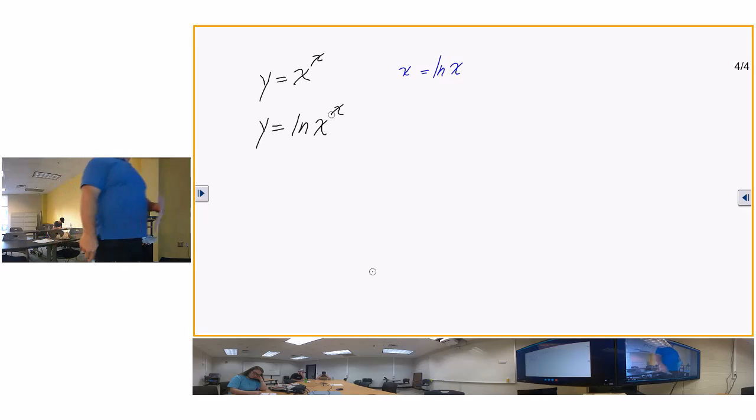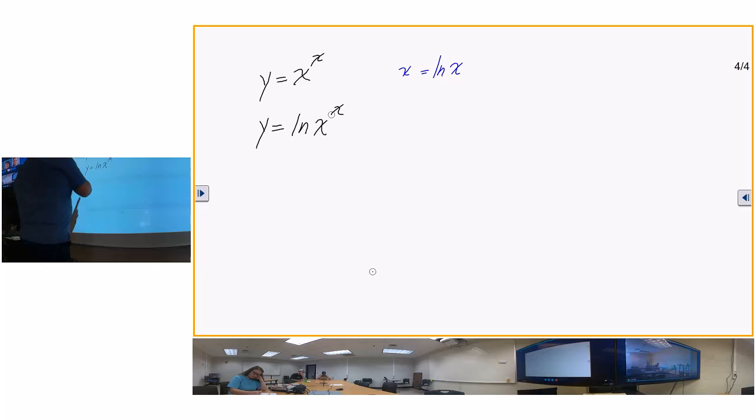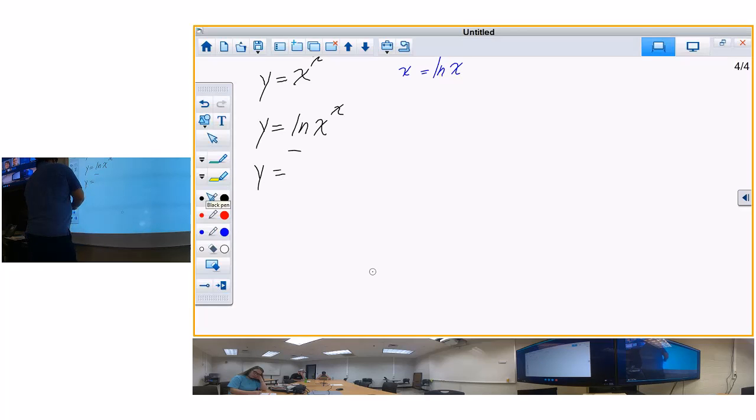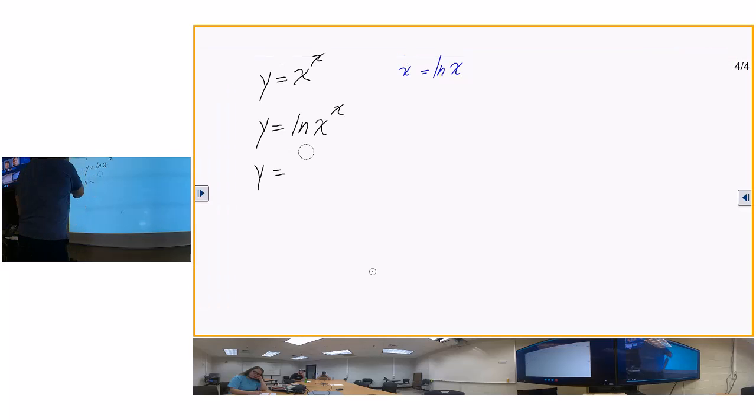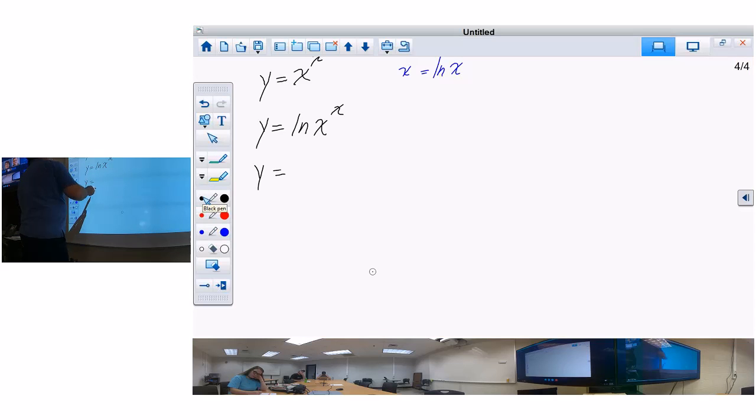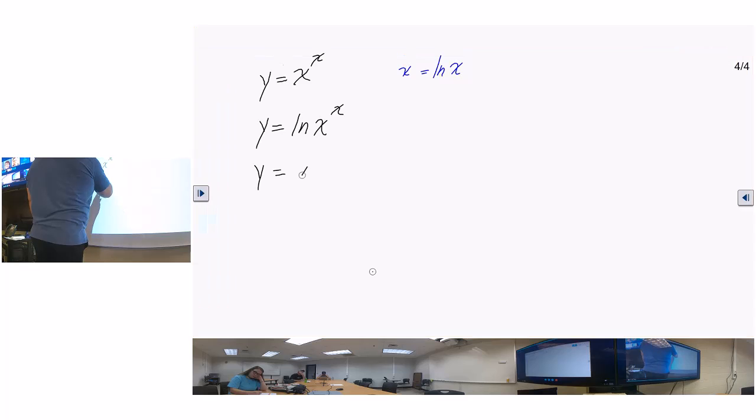Bring the x out to the front, and that's going to be y is equal to x times the natural log of x.